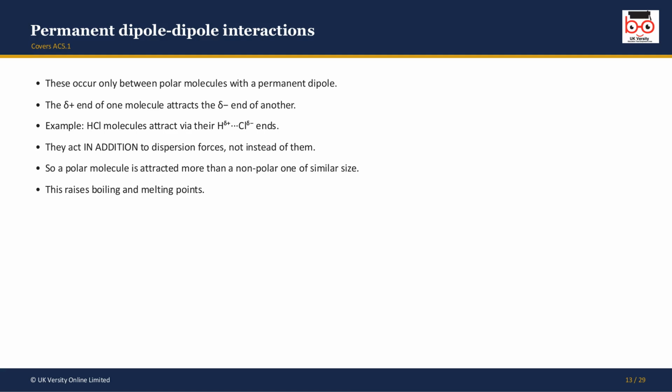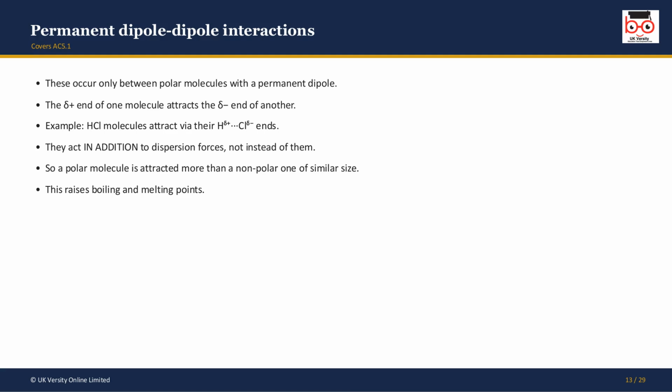Next up, permanent dipole-dipole interactions. These occur only between polar molecules, ones with a permanent dipole. The delta plus end of one molecule attracts the delta minus end of another. Hydrogen chloride molecules, for example, attract via their hydrogen delta plus and chlorine delta minus ends.